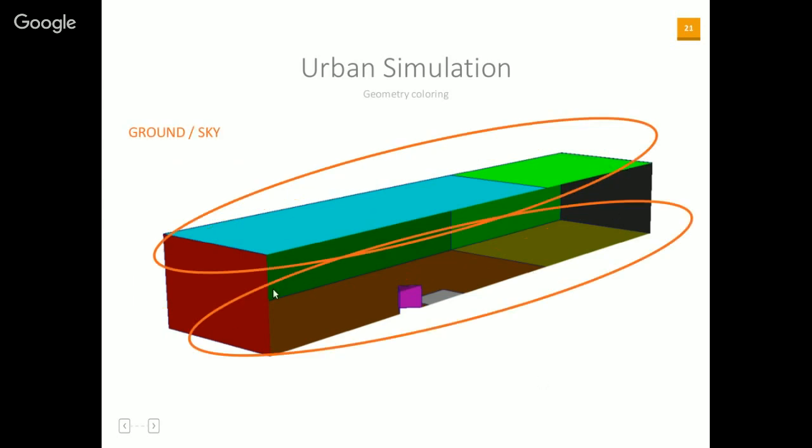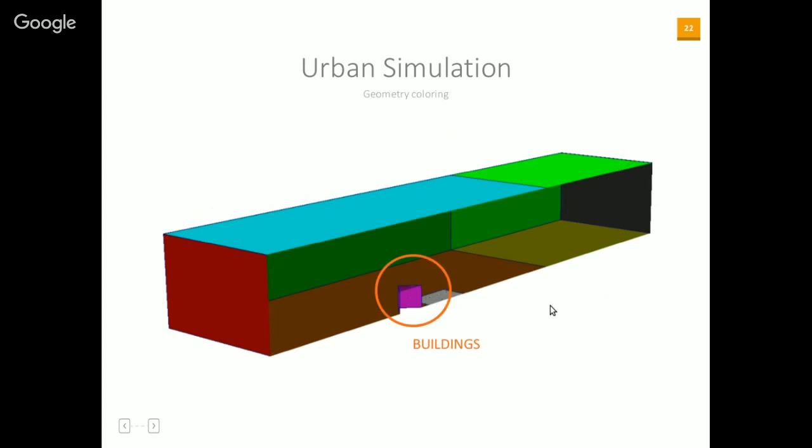The ground, as well as the building, are walls where the air is slowed down to 0. You can understand that, it's something natural: where the air touches the building and also the ground, it slows down to 0 because of friction.